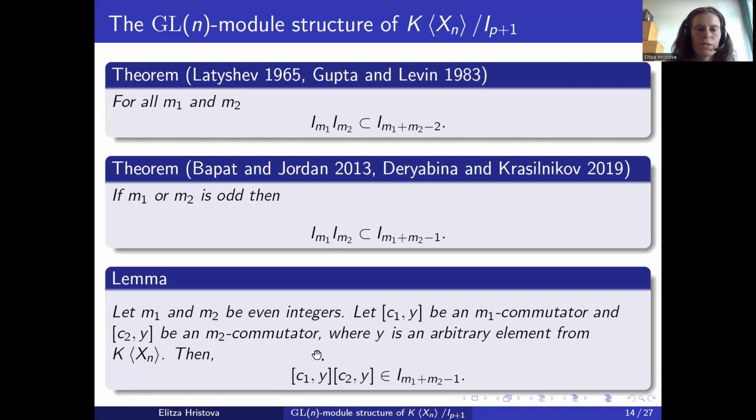And so we generalized this lemma to arbitrary commutators of even length. Okay, and based on these three statements, and of course their generalizations for arbitrary products of ideals, we were able to show the optimal bound on lambda 1.